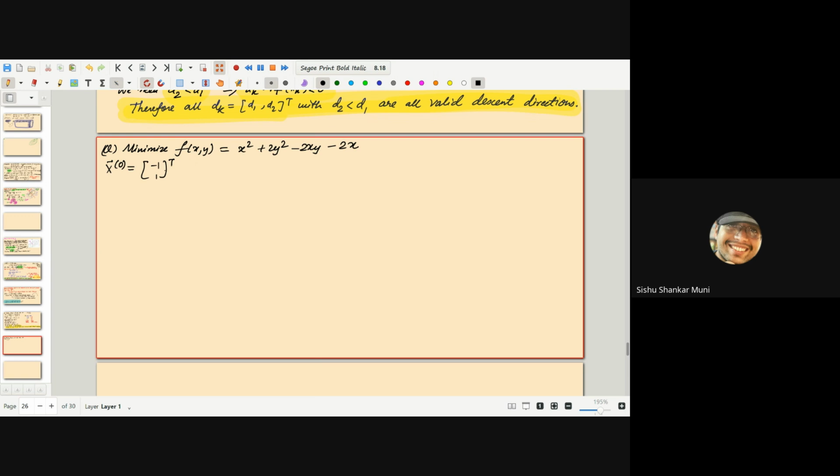Okay, so if you take the initial point as (-1, 1), what should be the descent direction? Steepest. So d naught we are considering as steepest descent. If you consider steepest descent, that means d naught should be minus of grad f evaluated at x naught. Can you tell me what it is? Already you have minus 6 comma 6.